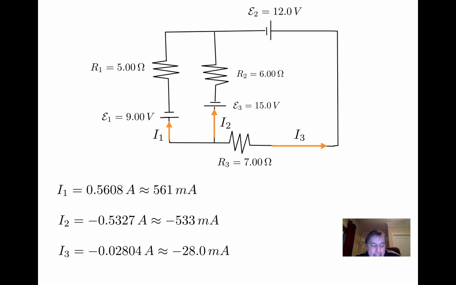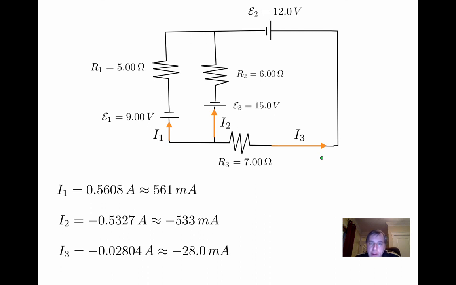Now here, this is exactly what we had chosen at the beginning, right? We had chosen I1 up, I2 up, I3 to the right here. The fact that I1 is positive tells us that the choice we had made was correct. So that's the correct direction for I1. The fact that I2 and I3 are negative tells us that the directions we had picked were the wrong directions.